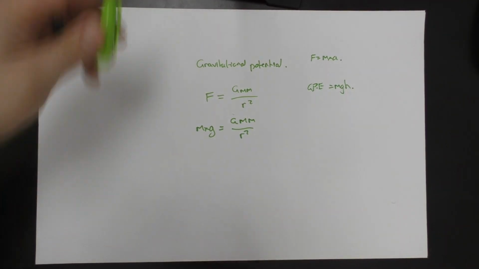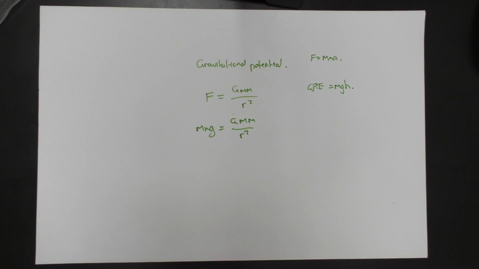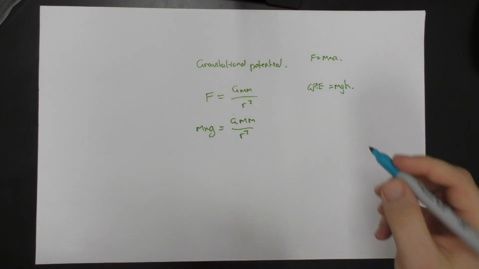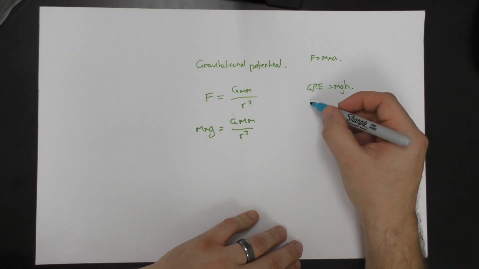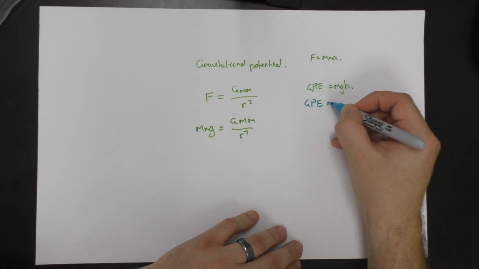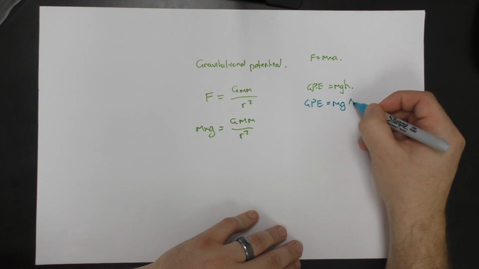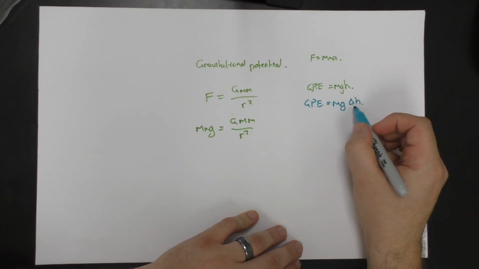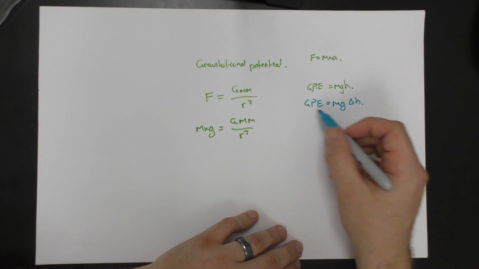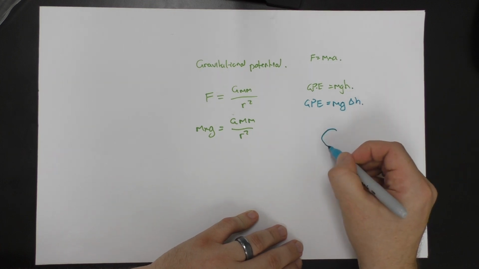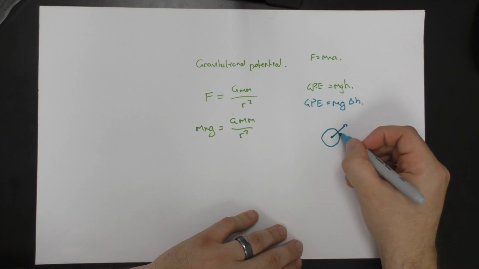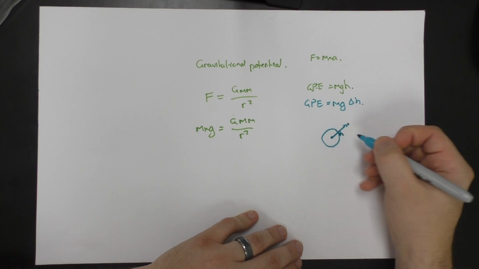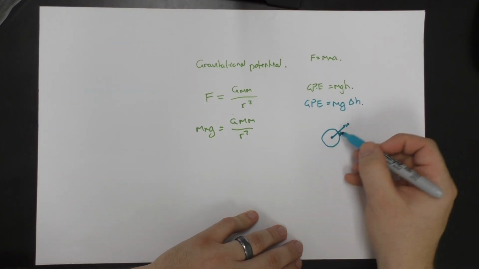And h obviously is the distance from the center, often written as delta H. So GPE is equal to mg delta H, where this comes from a more scientific point of view, that you can have an amount of potential energy at a distance h from the center of mass.